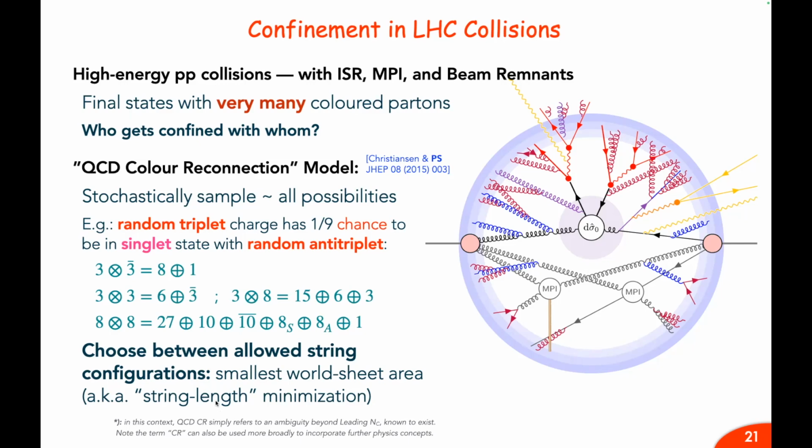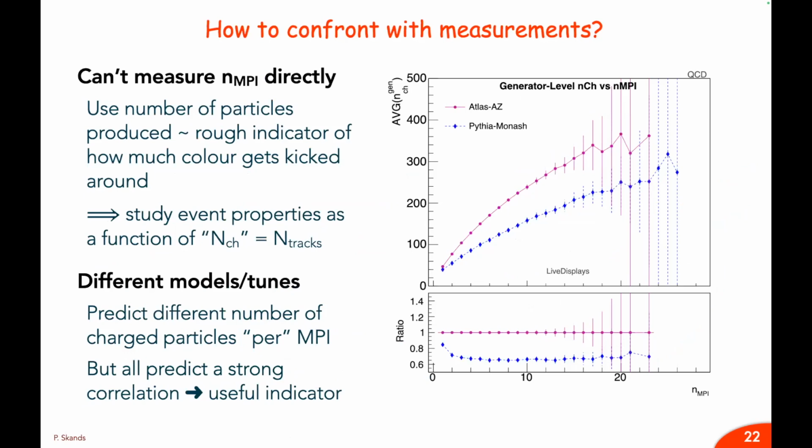So you minimize what we call the string length, but it's really the worldsheet area, the potential energy. So we select the string topology that would have the minimal string length. So we think that that is possibly a good thing to do for these color reconnections, and it motivates them mathematically, physically. So they're not a completely arbitrary thing to do.